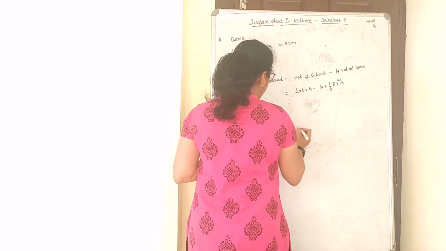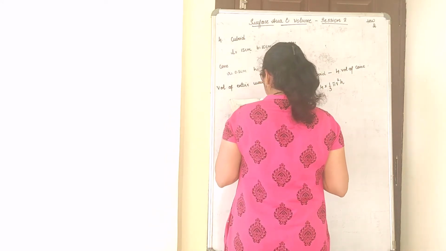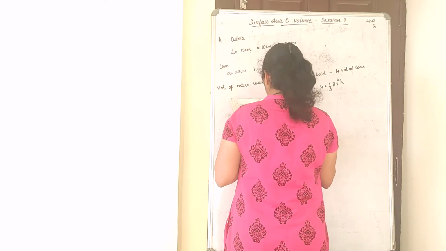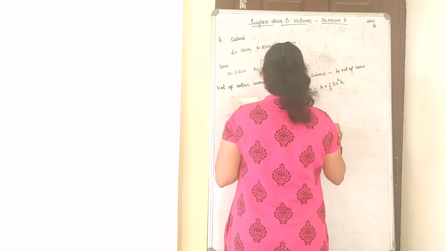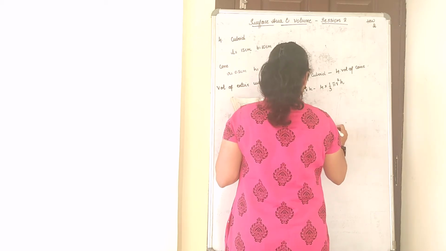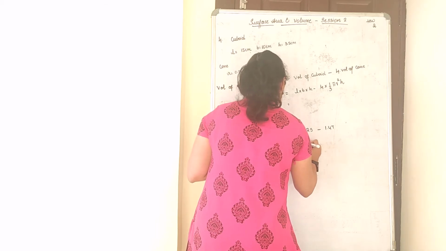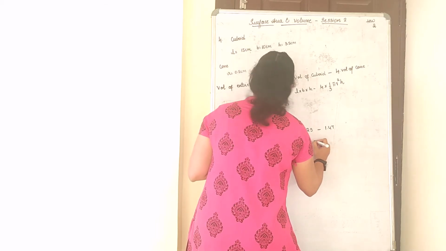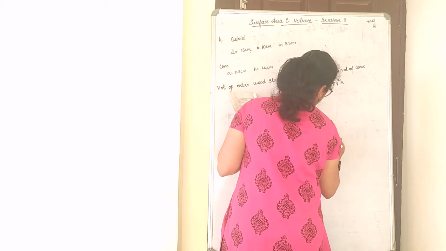Now I will not do the calculations, children, here. I will only give you the answers. So volume of the cuboid you will get as 525, and volume of the 4 conical depressions you get 1.47. So the final answer is 523.53 centimeter cube.